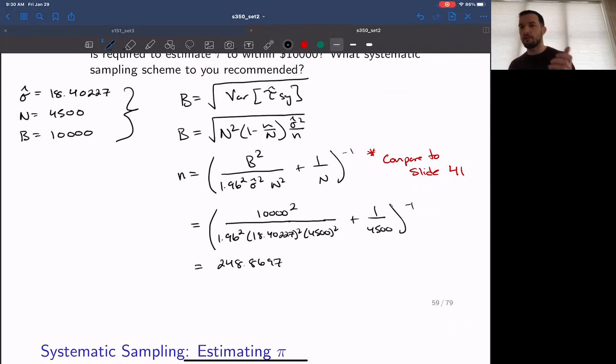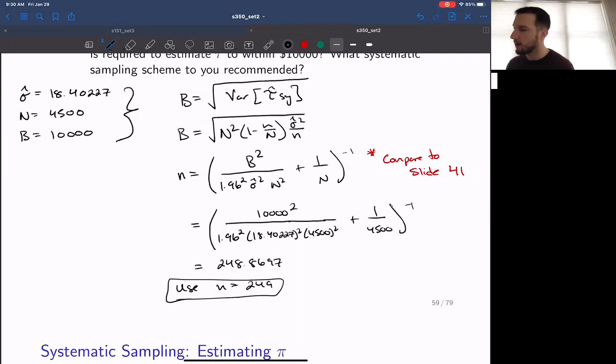So we have little n is 248.8697. Given that result in a sample size calculation, we're always going to round up. So we'll use n is 249. Because as you'll recall, if you round down, you could miss the actual bound at the confidence level that you're working at.